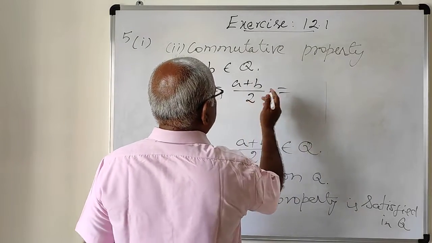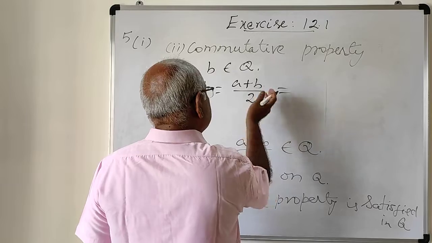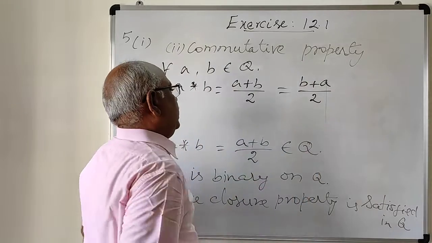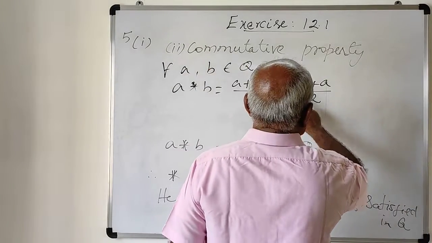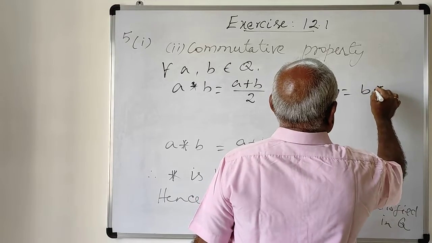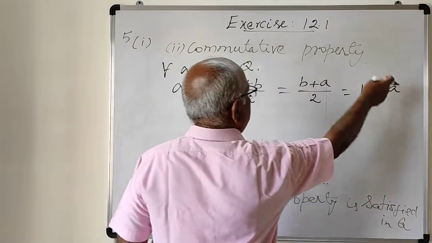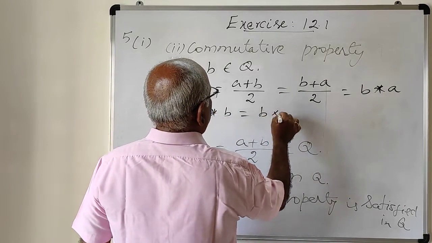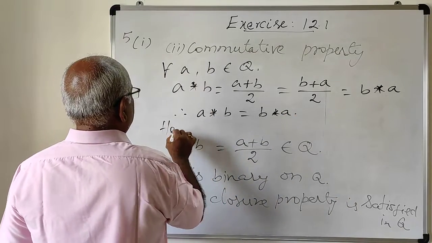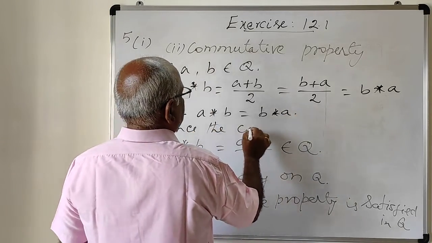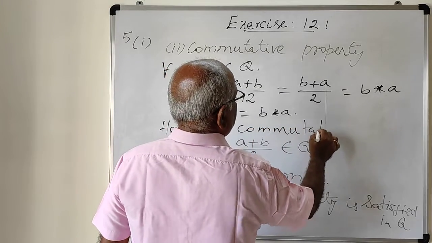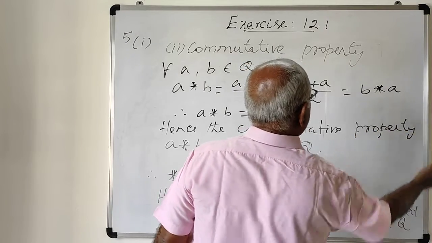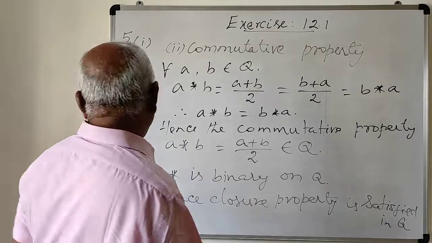In a plus b, the addition can be reversed, therefore b plus a by 2. By the rule of the star, b plus a by 2 is nothing but b star a. Therefore a star b equals b star a. Hence the commutative property is true in the set of rational numbers Q.